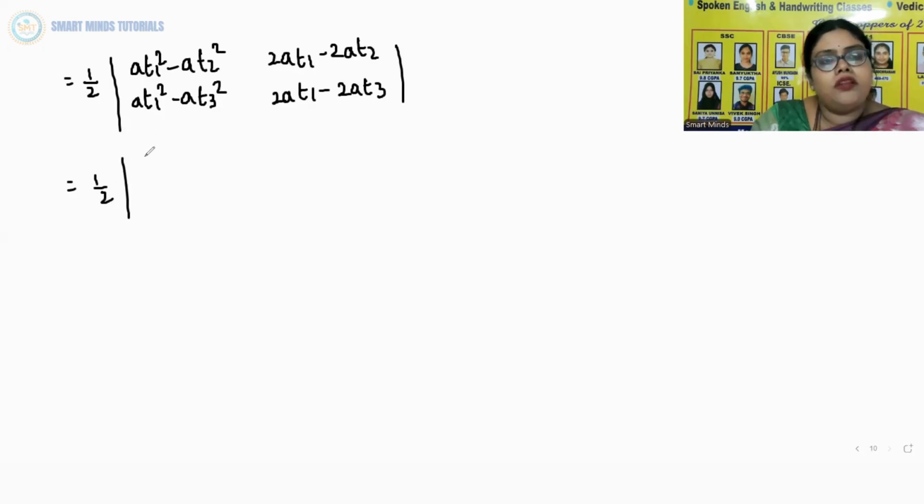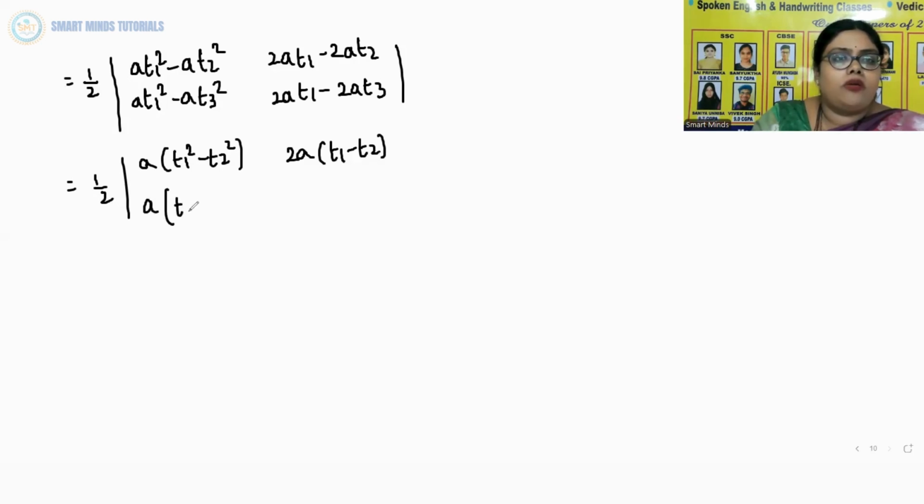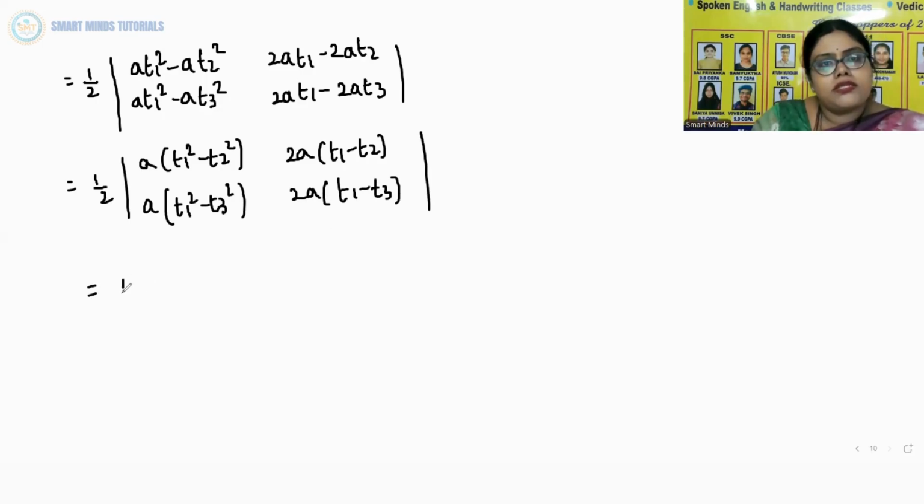So here if I take a common, we get t1 square minus t2 square. And here if we take 2a common, t1 minus t2. And again here if we take a common, t1 square minus t3 square, 2a common, t1 minus t3. So that is half.